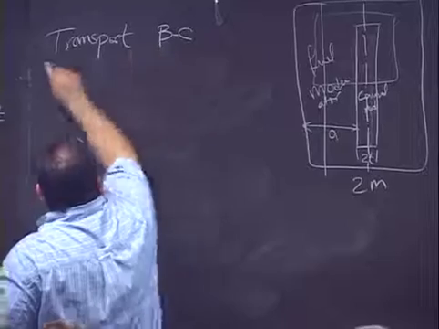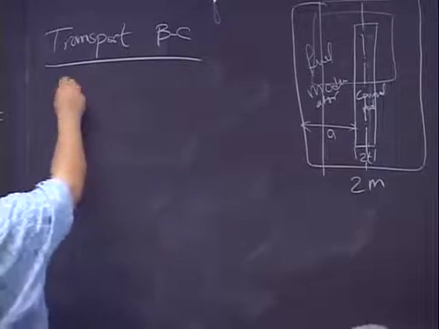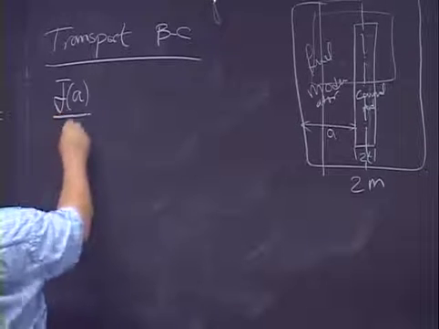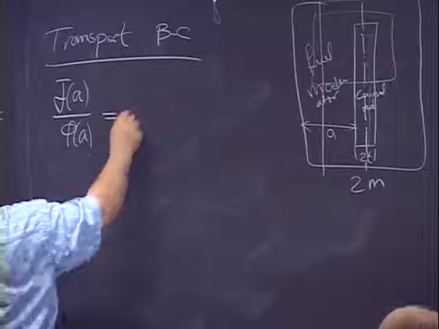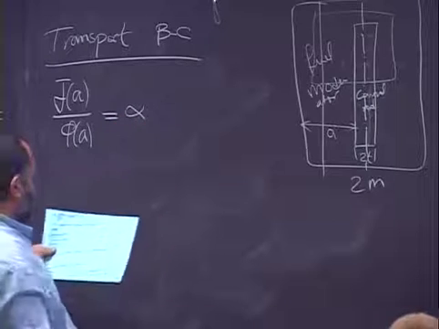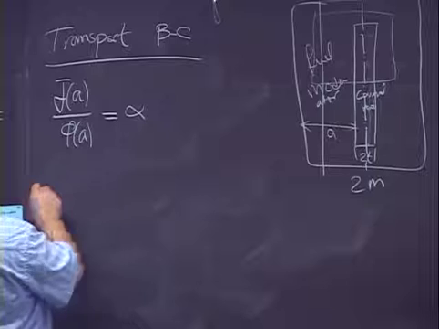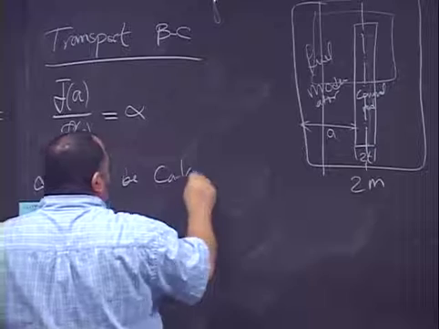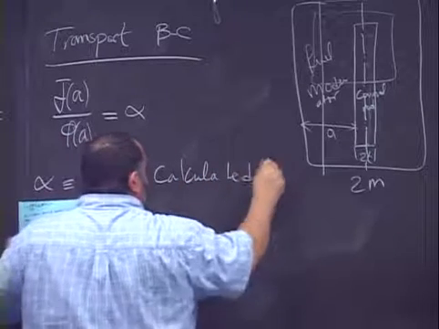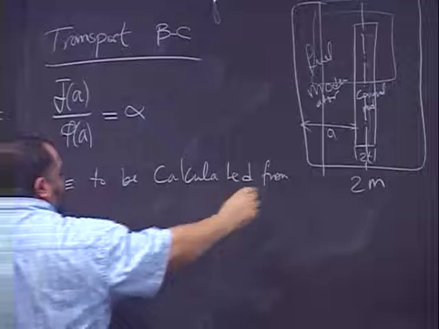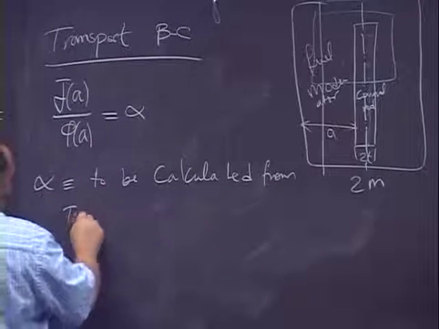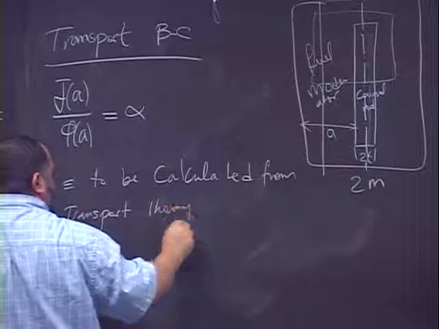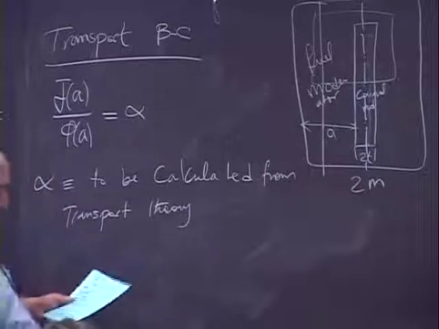This transport boundary condition is that the current at A over the flux at A is equal to alpha, and alpha is to be calculated from transport theory, as we cannot solve the transport theory inside the control rod.